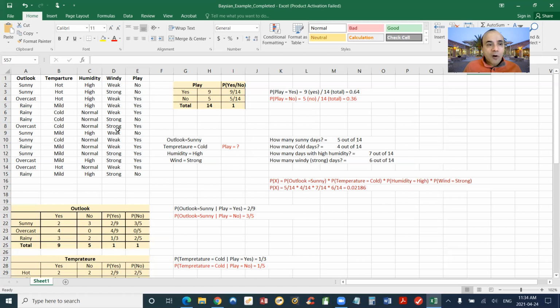Let's take a look at strong. Sunny and a strong no. That's kind of a supporting argument for no. Sunny and strong, yes, that's 50-50, and that's it. So the fact that this is strong doesn't actually help much. It's kind of 50-50, right?